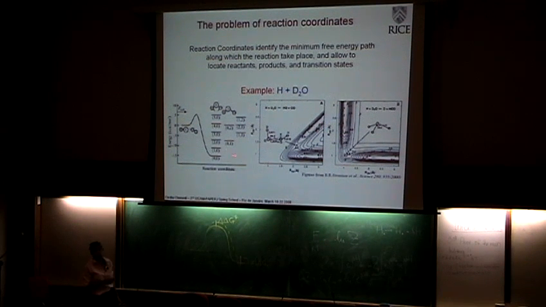You have many different choices: the distance of the hydrogen from the oxygen, the distance of the deuterium from the oxygen, or the distance of the oxygen from the deuterium. And you get different free energy profiles for the different coordinates.